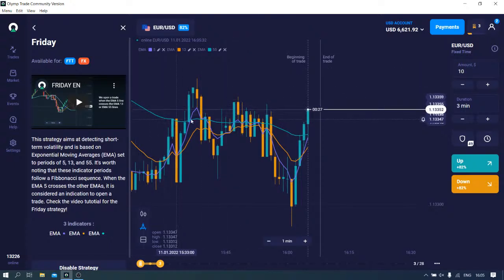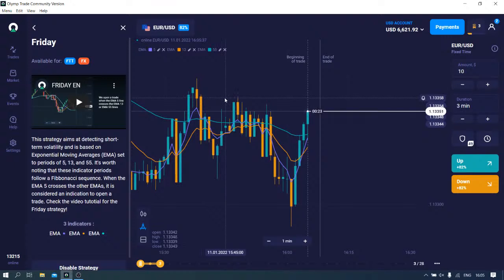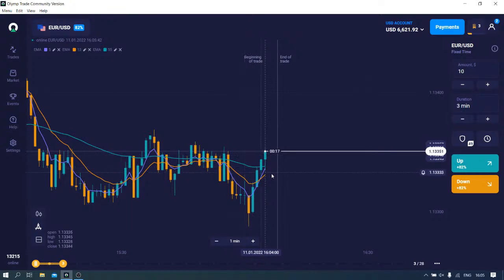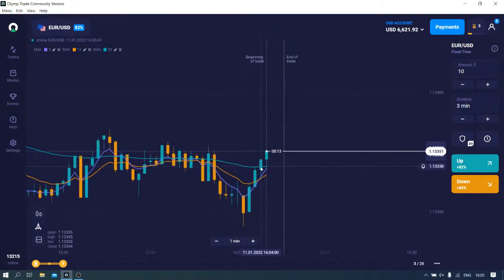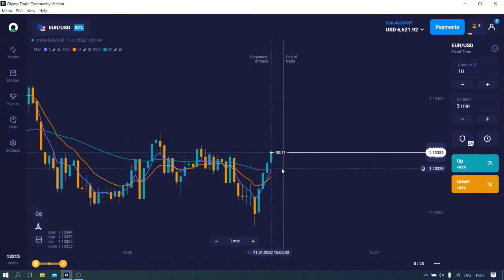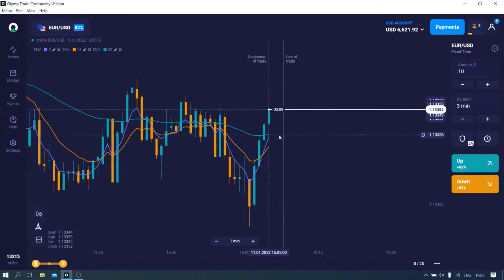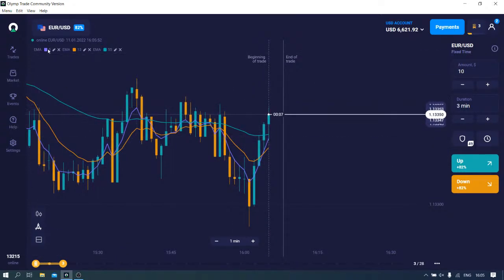They are all colored in different colors in order to easily differ them.